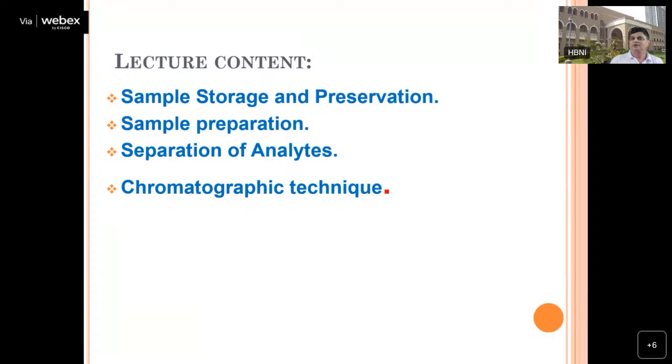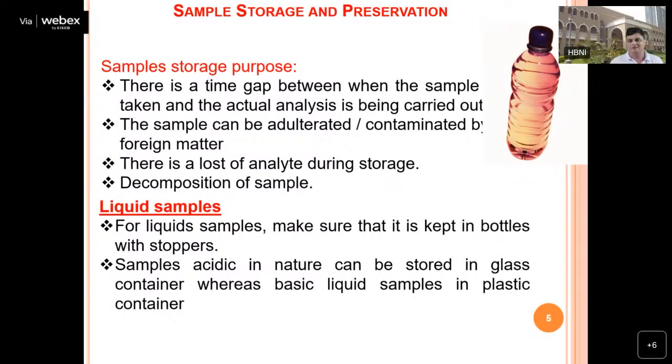Or sometimes the concentration of the analytes is very, very small in that particular matrix, so you have to take out that small concentration of analyte from the major matrix. That we will also see. And then we will discuss some chromatography techniques. As I told you again and again, this is just to give a glimpse, because all these topics would need maybe about a hundred lectures.